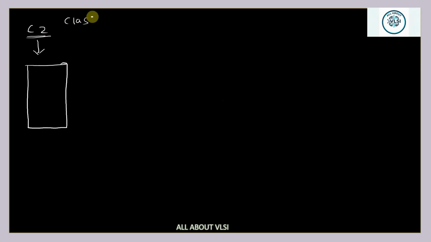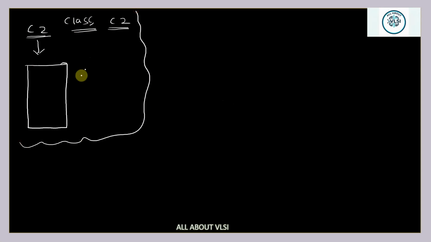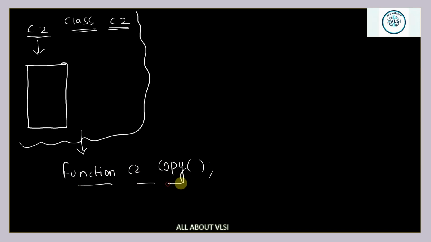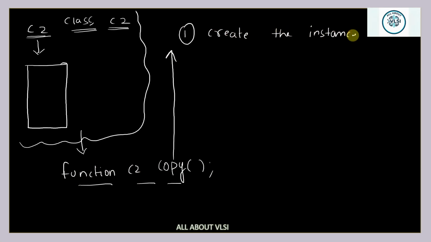So in the class C2, I have created the object for my C2 handle using my copy function. This entire process is done inside your copy function, function C2 copy. Whoever calls this copy function, first we are going to create the instance of C2. This is what we are going to do.